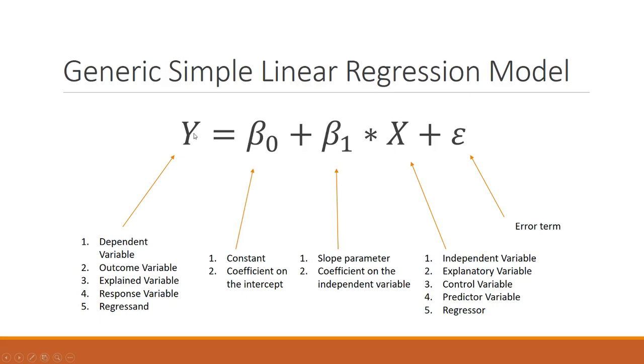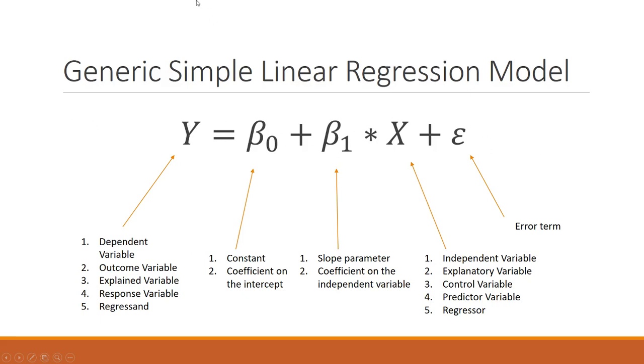This Y we can call the dependent variable, outcome variable, explained variable, response variable, regressand. There's a bunch of different names for it. You'll hear me use dependent variable and outcome variable most often. So if you hear me say dependent variable, that means Y. Or if you hear me say outcome variable, again, that means this Y. It's the variable on the left-hand side of our model.